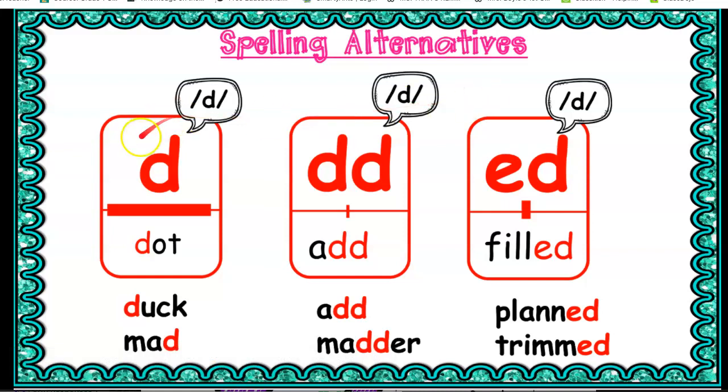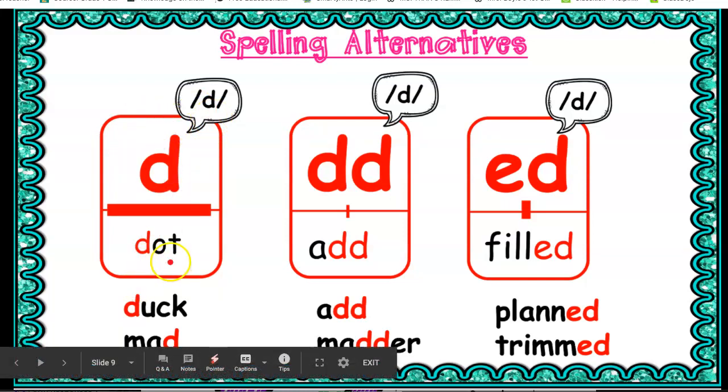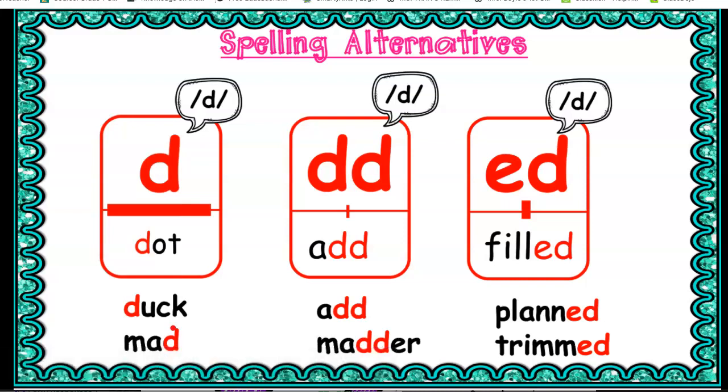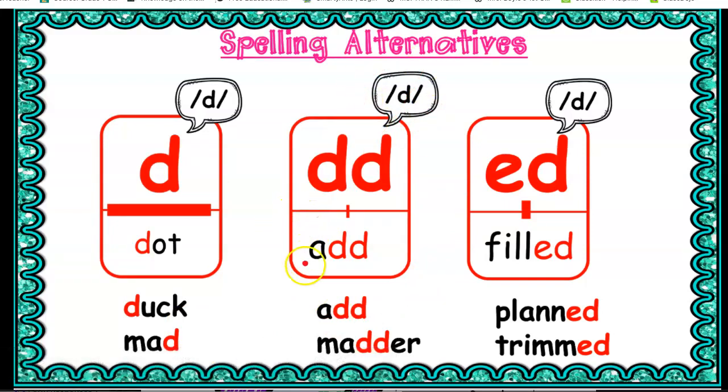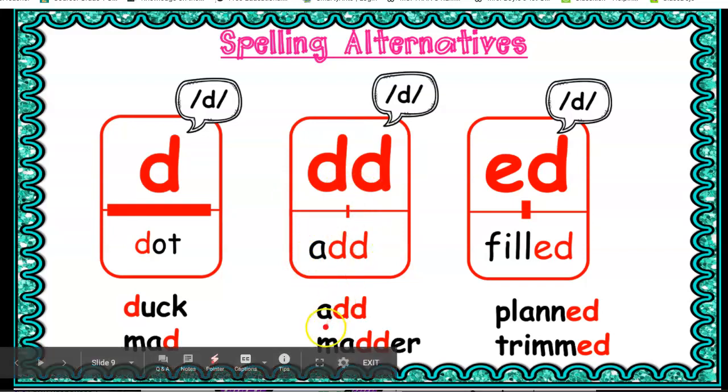Here are a few more examples. We can spell d with the letter D, like in the word dot, duck, or mad. We can also spell the d sound, like in the word add, with two D's, the double D, like in the word add, or matter.